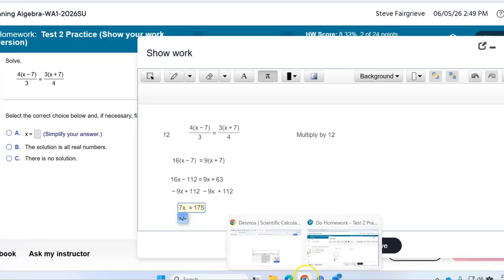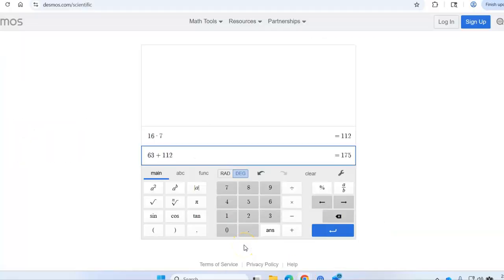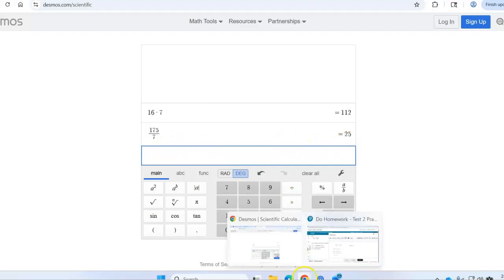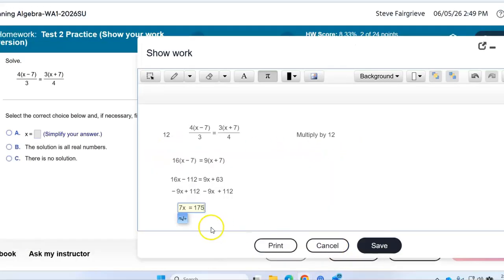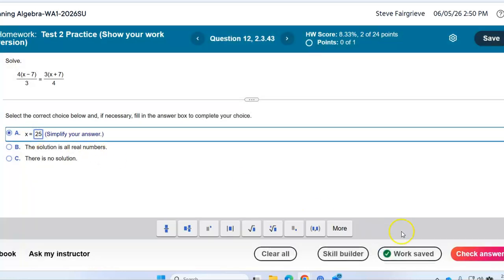And then I check on my calculator real quick here. 175 divided by 7. Hey, look, it works good. 175 divided by 7 is 25. So x equals 25. I'll save my work and put in my answer.